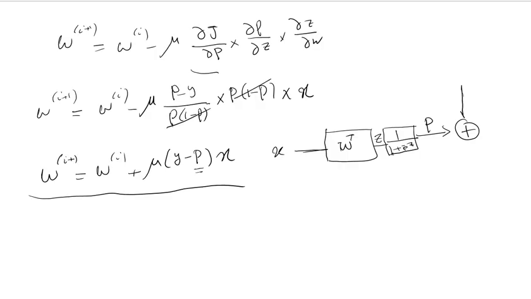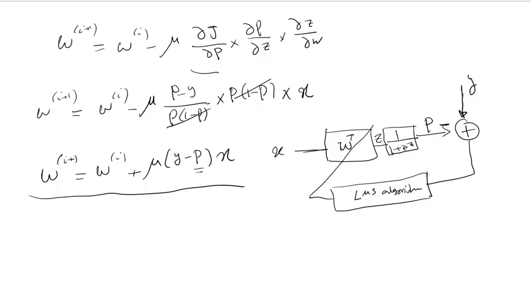Error is target minus predicted value, and then the LMS algorithm updates the weight.